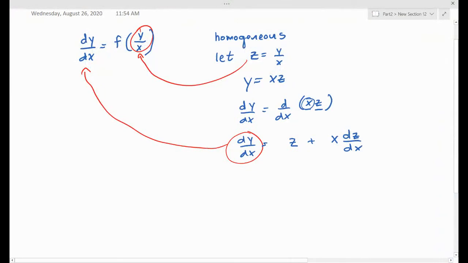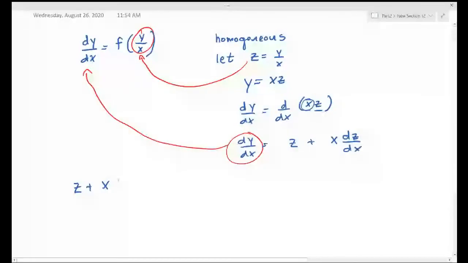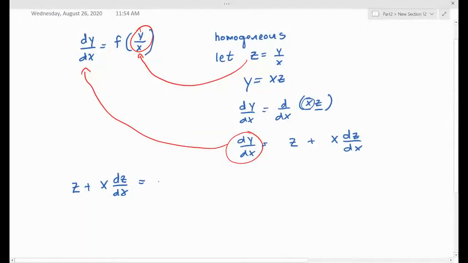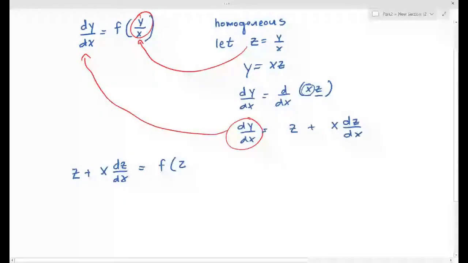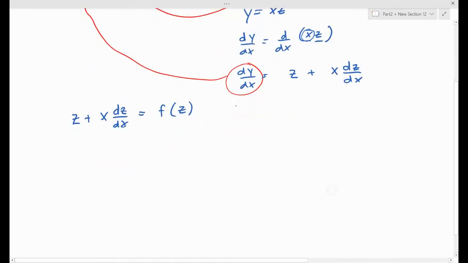So on the left-hand side, dy dx gets replaced with its equivalent. It's equal to, and on the right-hand side, y over x becomes z. Okay, and invariably, if you have a homogeneous first-order differential equation, this will become separable.